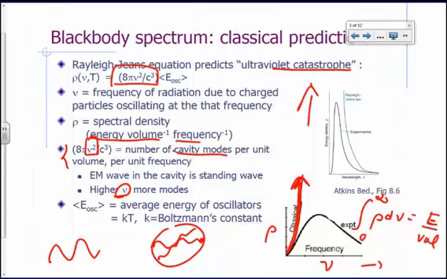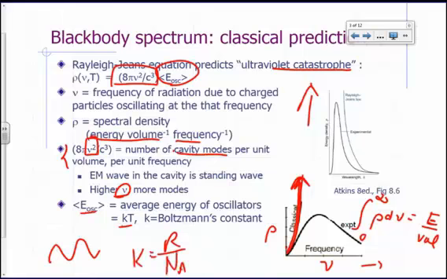Now, the average energy of the oscillator in this expression is just kT. It's directly proportional to the Kelvin temperature. k is Boltzmann's constant, and if you recall from freshman chemistry, Boltzmann's constant is just the gas constant divided by Avogadro's number. So it's directly proportional to temperature.